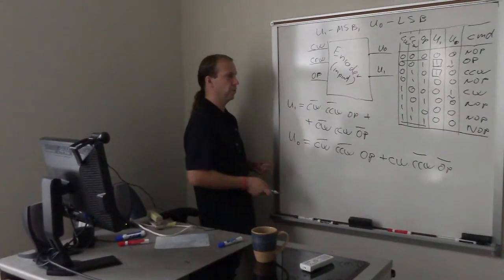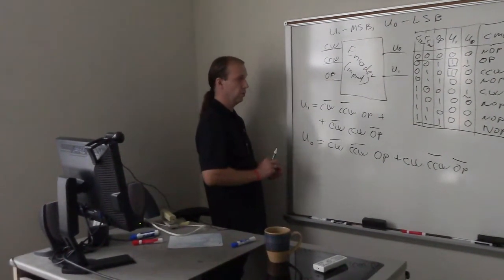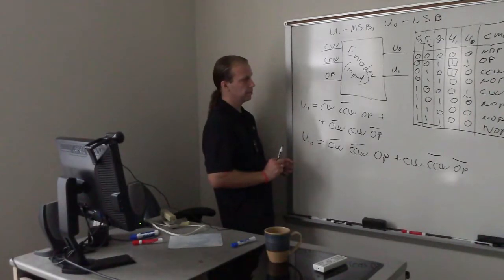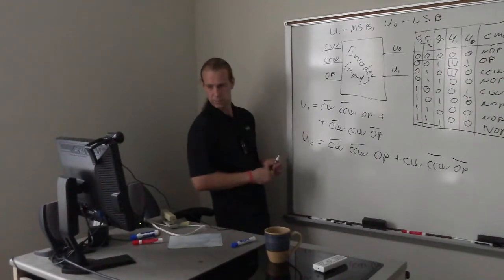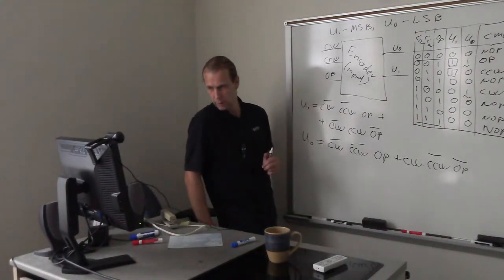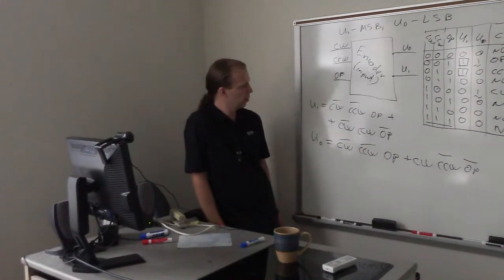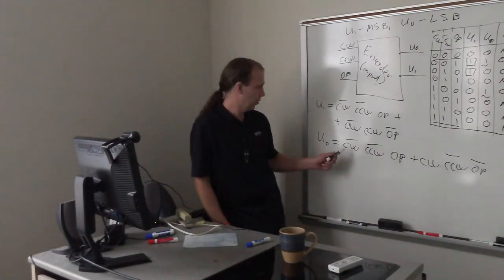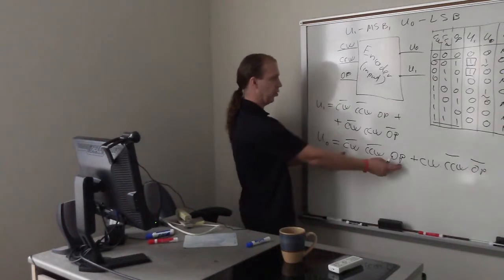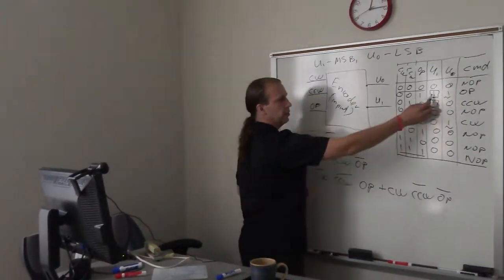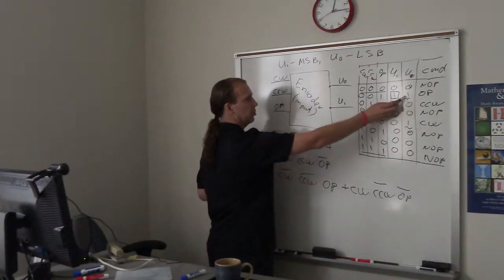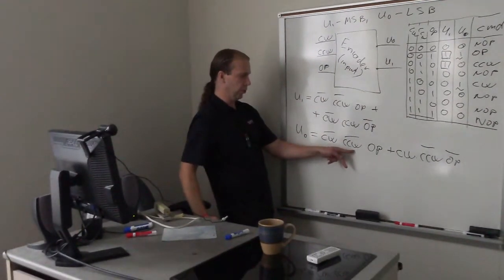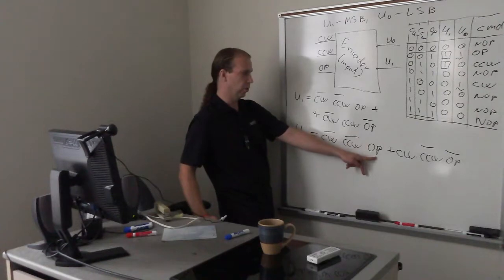And the same we do for U0. For the U0, I can't really see what's after the CW. All right. So the first term is the same as here because they both have 1 in the same position. So this is CW inversion, CCW inversion, OP without inversion.